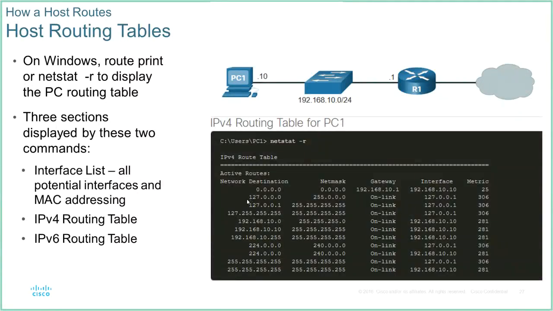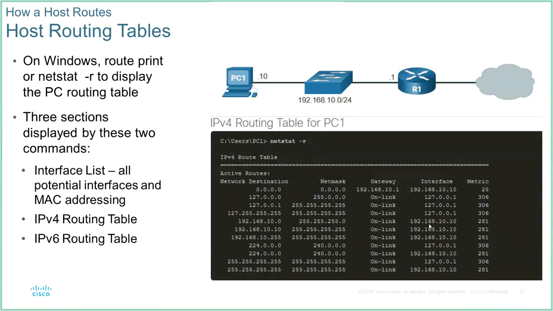Basically the way routing tables work is it does a search along these addresses. There's the address. It's this network, that mask, so it's the 192.168.10.0 network.